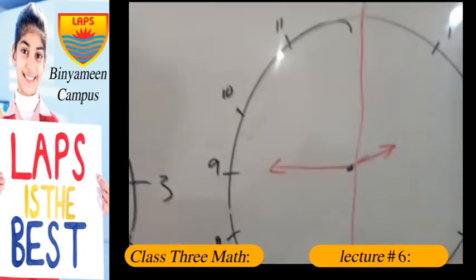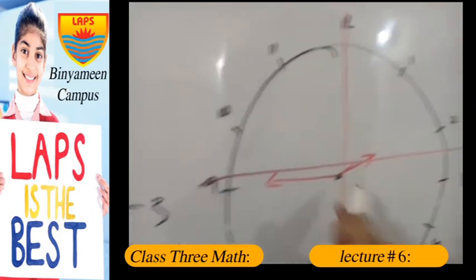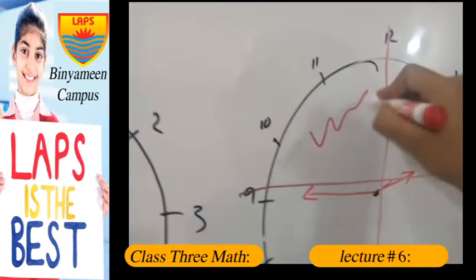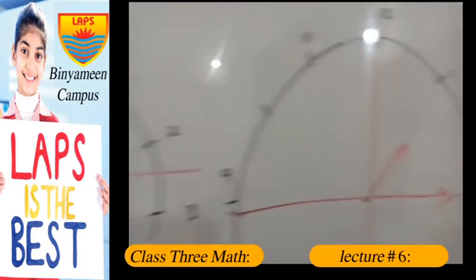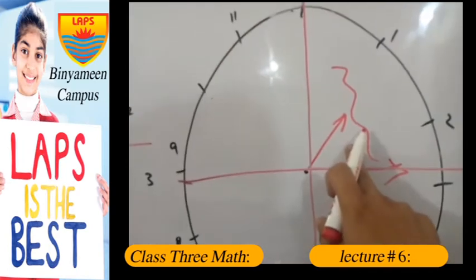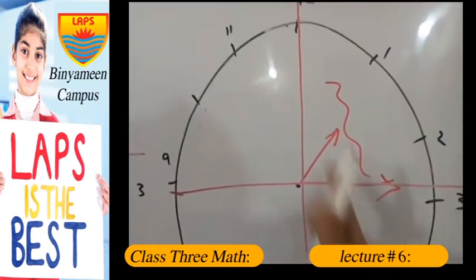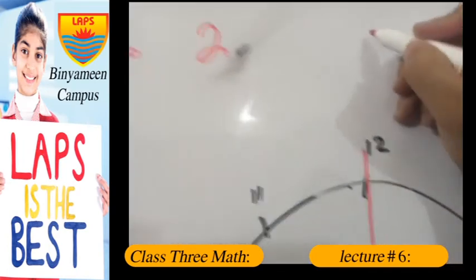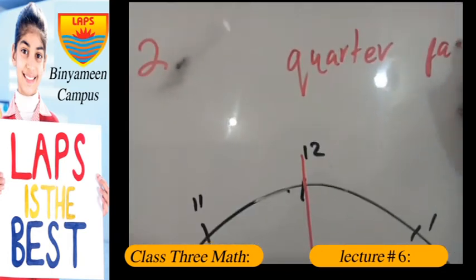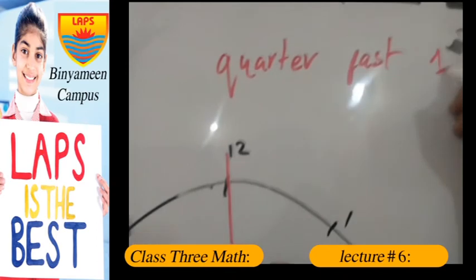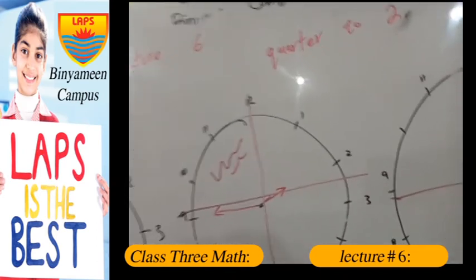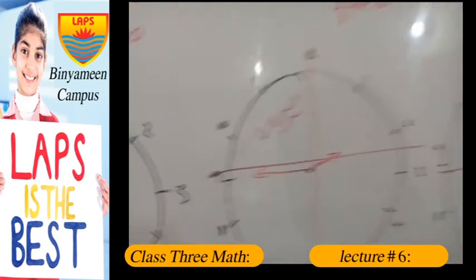When we said quarter to 2, the minute hand was pointing towards 9. Now it is one quarter of a clock, and the 3 also makes one quarter of the clock. We can say it's quarter past because the minute hand is actually past the 12. We can say that it's quarter past 1. So all the problems starting from page number 100 looking at time will be solved like this.